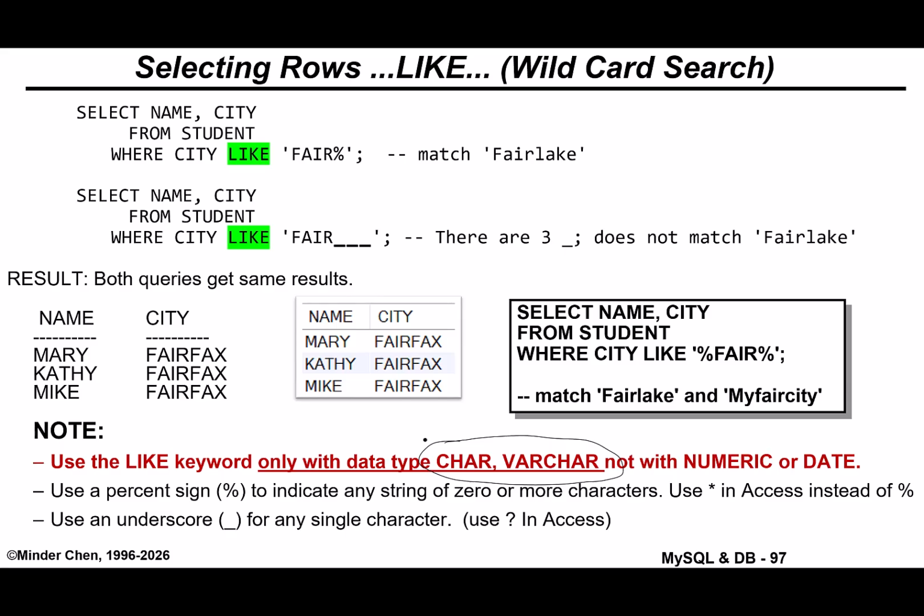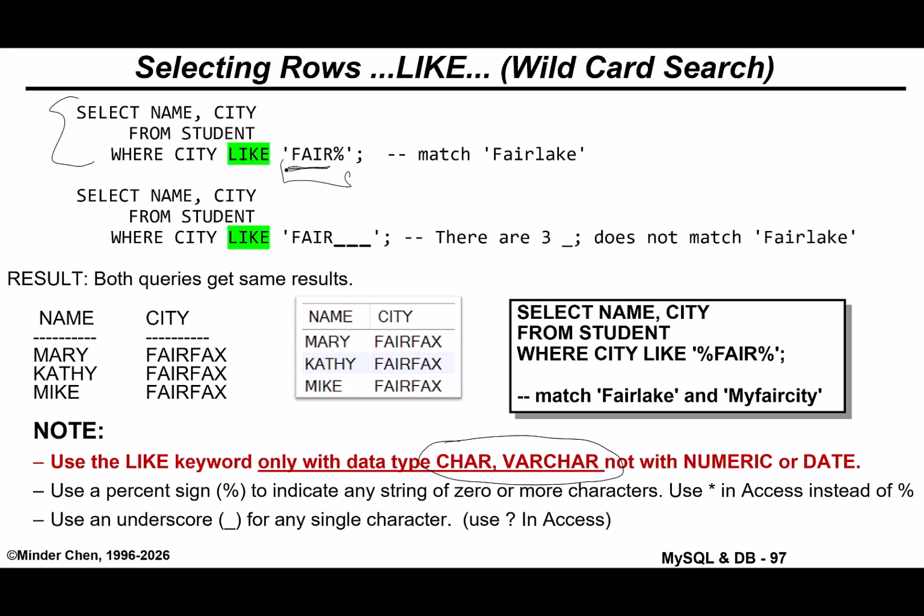So for instance, here, I select name and city from student table, where the city like fair percent sign, which means I would like to retrieve students' name and the city they live in, for those students whose city they live in starts with fair.